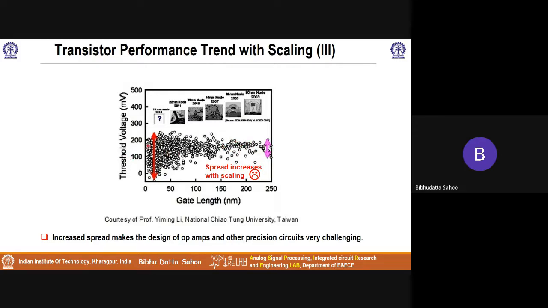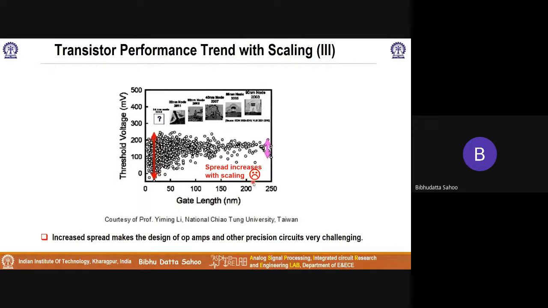Certainly we'll throw out these devices. These devices are useless. So that means we have a poor yield. Yield means how many of the circuits perform reliably. So here you can see in low technology nodes, the yield drops significantly. Therefore, we say that the variability of the transistors increases with scaling, which is a bad thing.